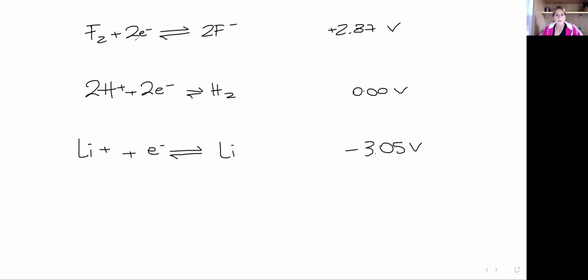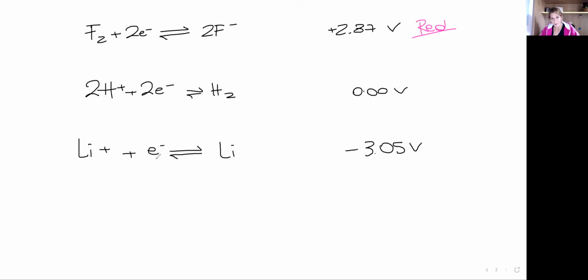Fluorine gains 2 electrons to form the fluoride ion. It's very positive. So this means that it's more likely to gain electrons. So this will be most likely to be reduced, because positive means more likely to gain electrons. Negative, we have lithium in this case, it would be more likely to lose electrons.